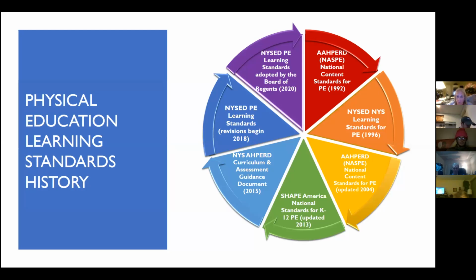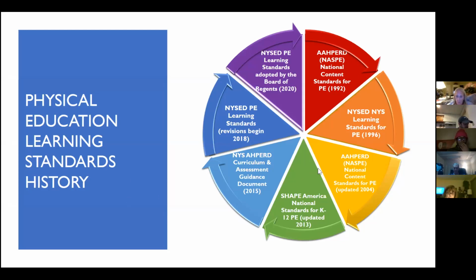In physical education, AHPERD followed suit with 7 national content standards. State associations and state education departments across the union also followed suit. And in 1996, New York State Education developed our 1996 Health, Physical Education, and Learning Standards that we just discussed.